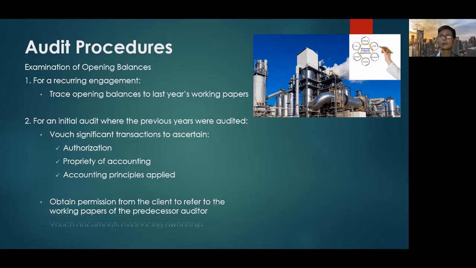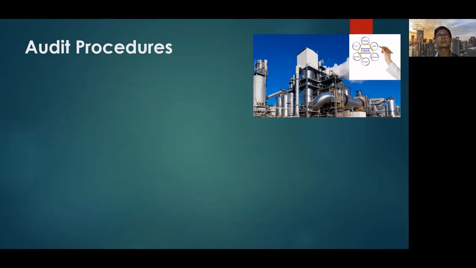These are just part of the procedures, since it's kind of continuing. And then vouch documents evidencing ownership. If they claim the property is theirs, look at the documents to see if it's really theirs. If there's a contract, you go back to the contracts, authorization, all these things.